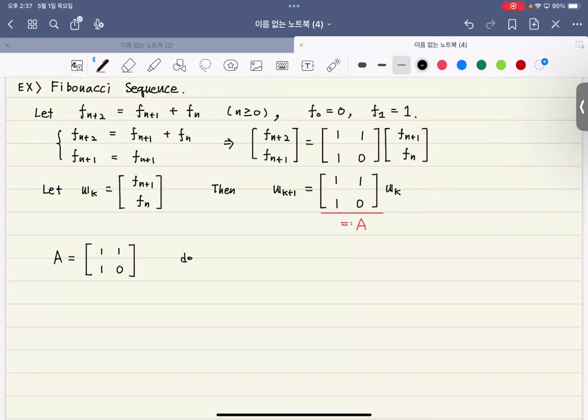The determinant of A minus lambda I is (1 minus lambda) times (minus lambda) minus 1, so this is lambda squared minus lambda minus 1.